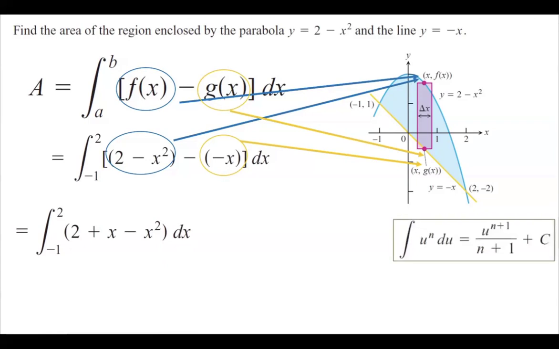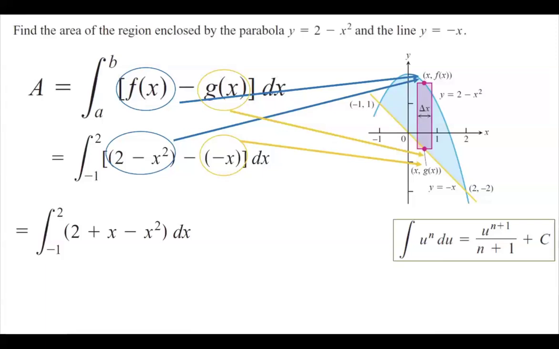And then remember the shortcut when you have the power function, the integral of u to the n du is u to the power n plus 1 divided by n plus 1 plus the constant of integration. And for the definite integral, we just plug in 2, then we plug in negative 1 and do the subtraction.